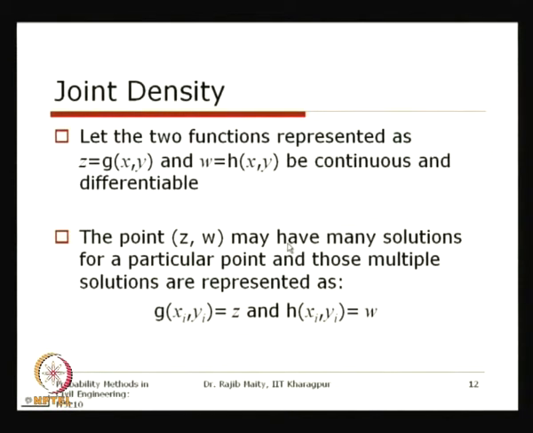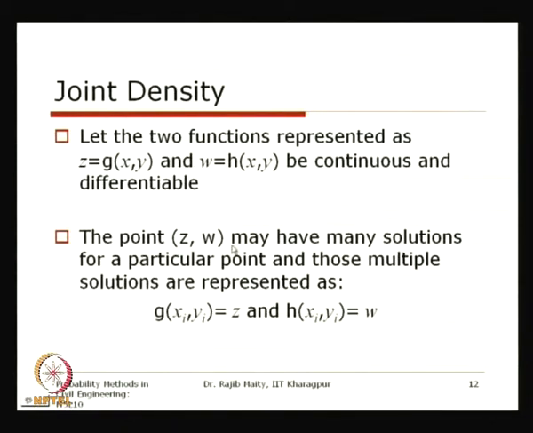Now, let the two functions, z equals g(x,y) and w equals h(x,y), be continuous and differentiable. With this assumption, these random variables are continuous random variables, and the functions that we have taken are differentiable at every point.